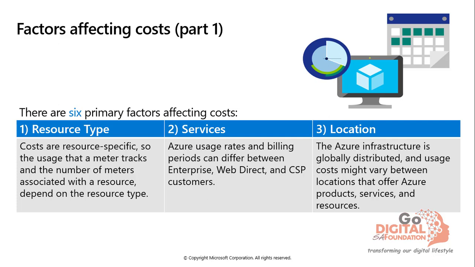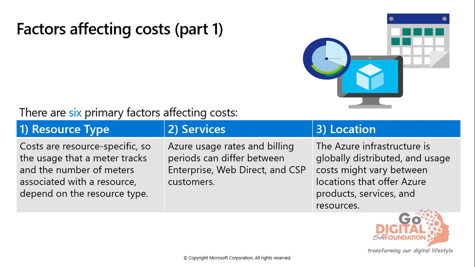And then the other factor is the services. So Azure usage rates and billing periods can differ between enterprise, web direct, and CSP customers. So the CSP stands for cloud solution providers, or customer solution providers, or cloud solution partners, something like that.